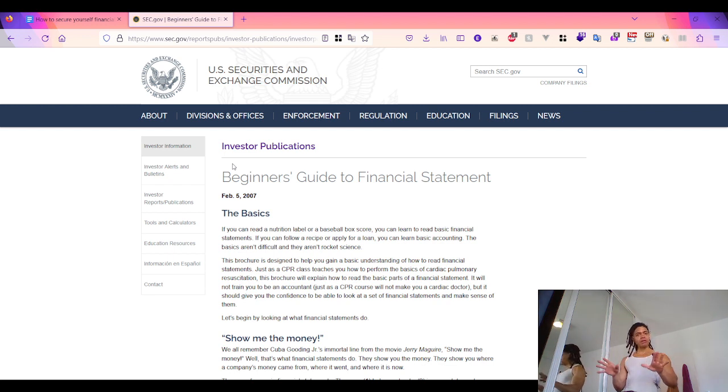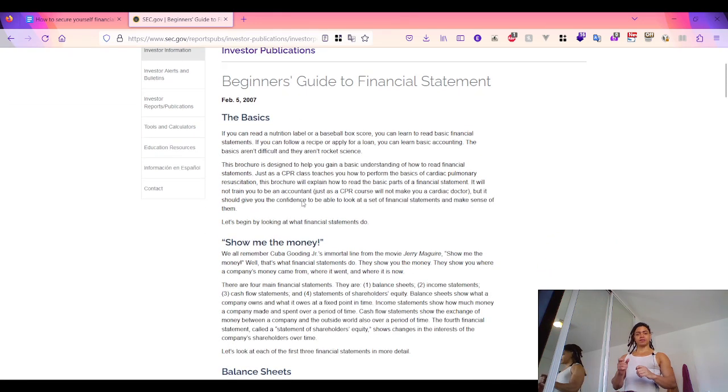After all, the financial statements show you the money. Period. From Cuba Gooding Jr.'s immortal line in Jerry Maguire, "Show me the money." That's what the financial statement does. And you have four types of them. The balance sheet shows what a company owns and what it owes at a fixed point in time.